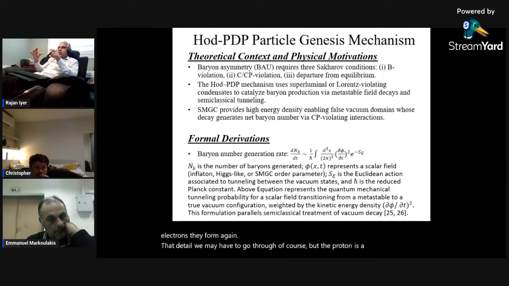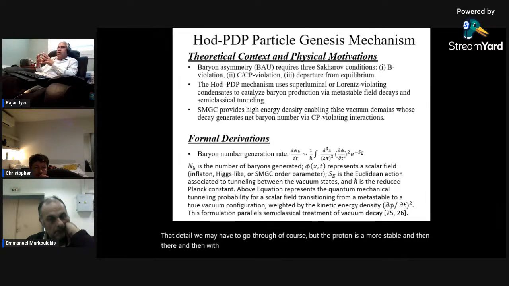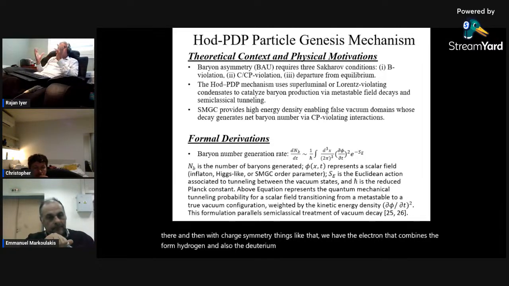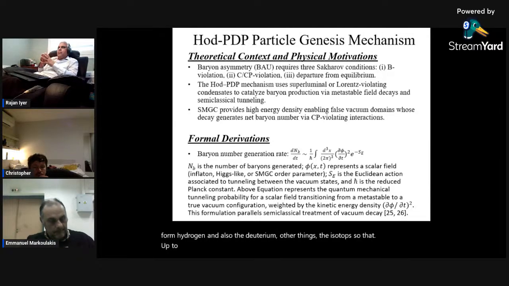and then with charge symmetry, things like that, we have the electron that combines to form hydrogen, and also the deuterium, other things, the isotopes. So that up to tritium, and that created the environment to create the fusion reaction, right?